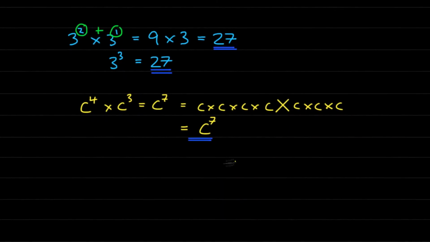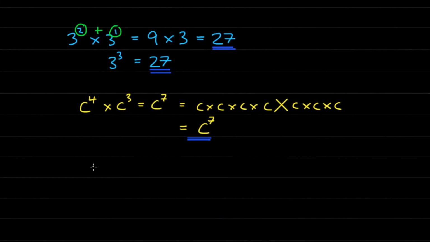Now, I just want to show you something which links with the first tutorial. If we now do C to the 4 times C to the 3, but now we multiply it by C to the 0, what we've got is C times, oh dear. There has to be another way.